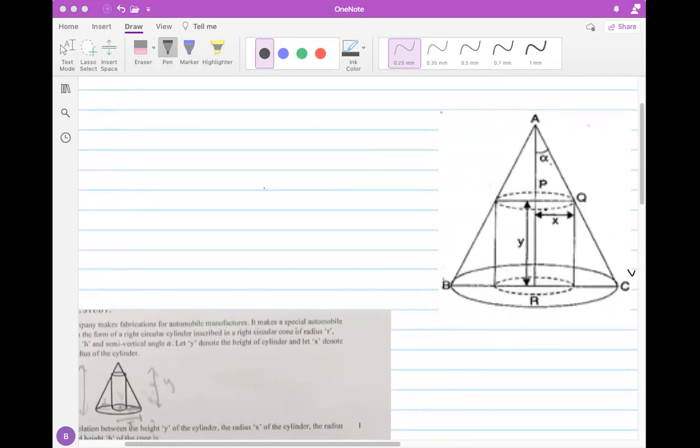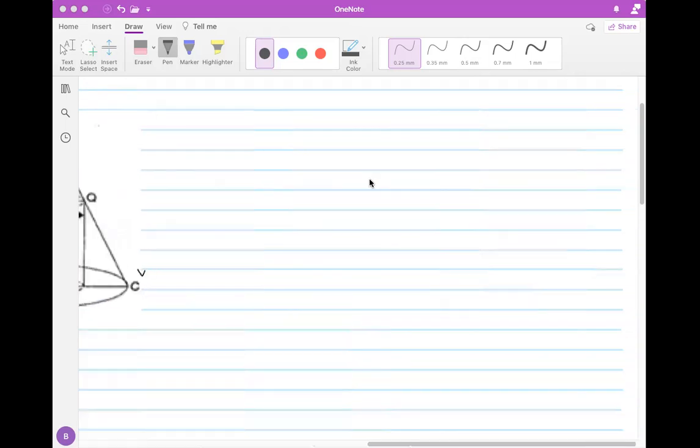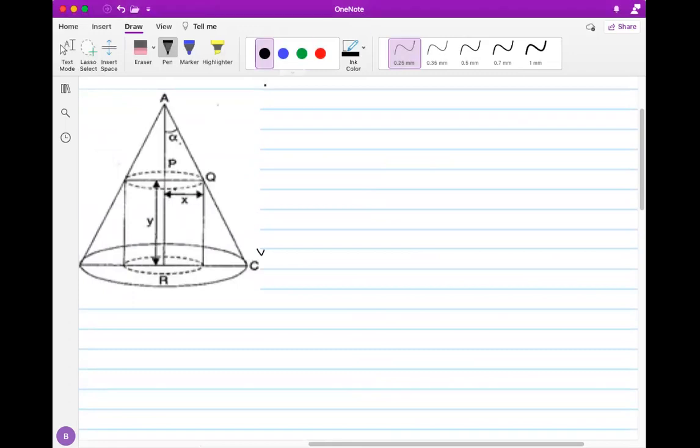Now based on the similarity property, we are going to solve it. So first, let us consider that H is the height of the cone. Now I'm going to use similarity, considering triangle APQ and triangle ARC.